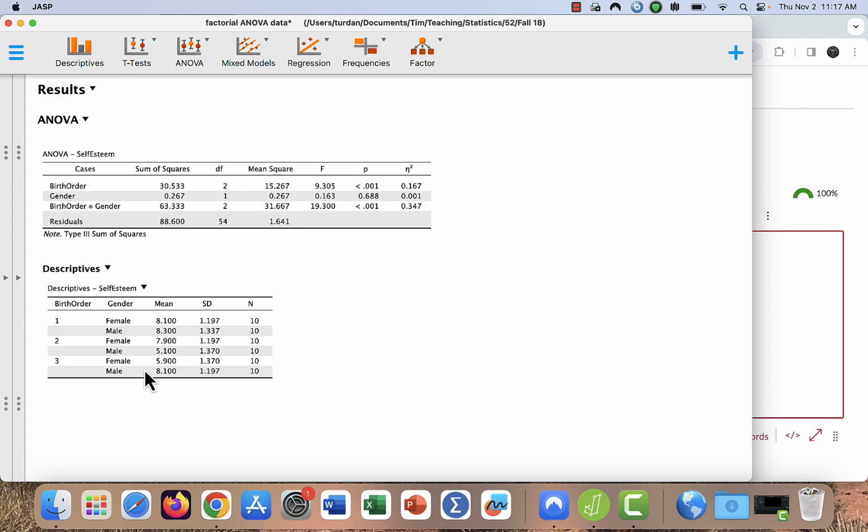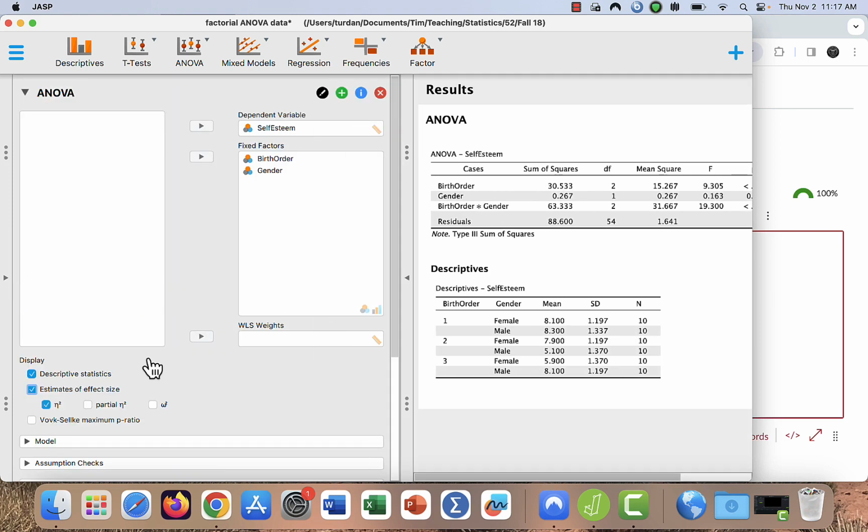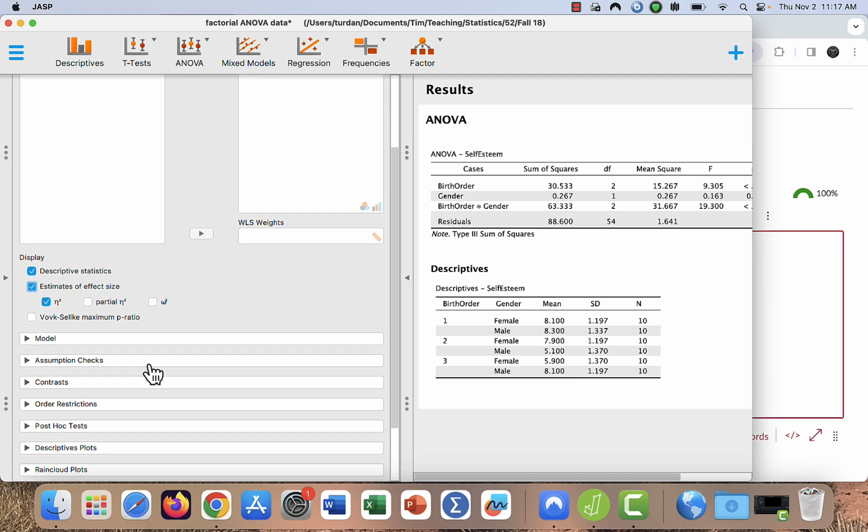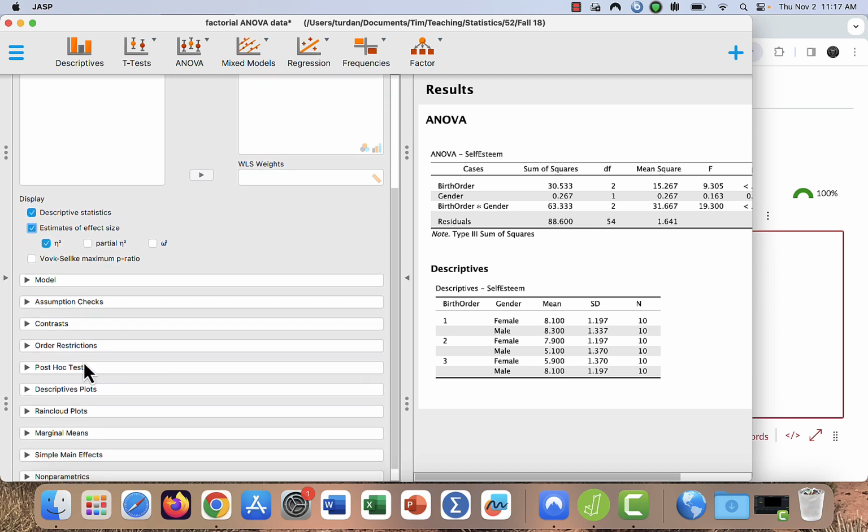So I can start to see where this interaction is happening. The pattern of differences between males and females depends on whether they're first, second, or third born. And the pattern of differences between first, second, and third born kids on self-esteem depends on whether they're male or female. Now, I can go deeper in this analysis and look at some other stuff.